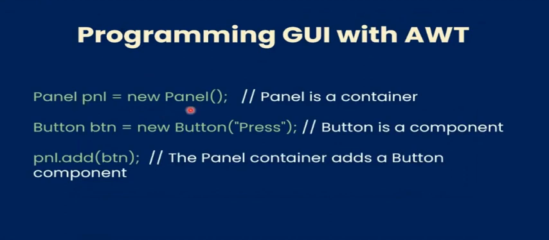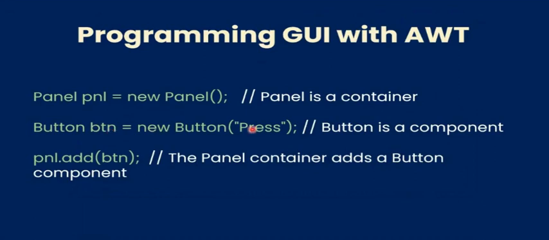So that is the example in the program. You will understand this once we implement it in our activity. Okay? So this is the panel. You declare a panel, which is a container. Then the button, you name the button or variable name.